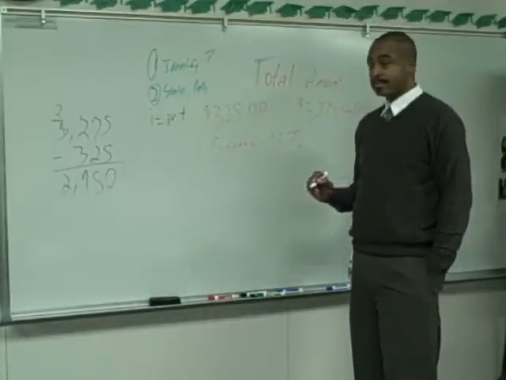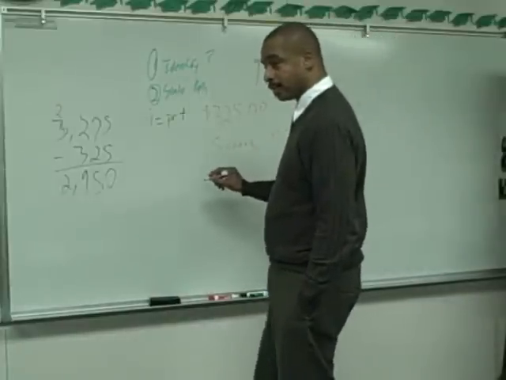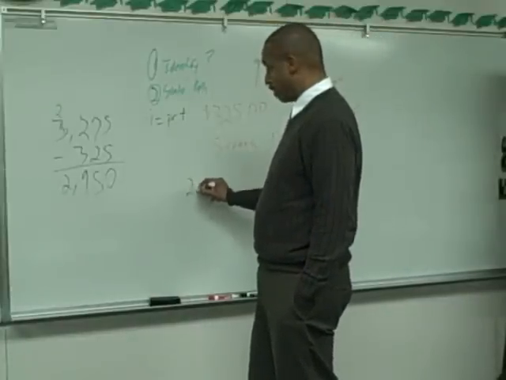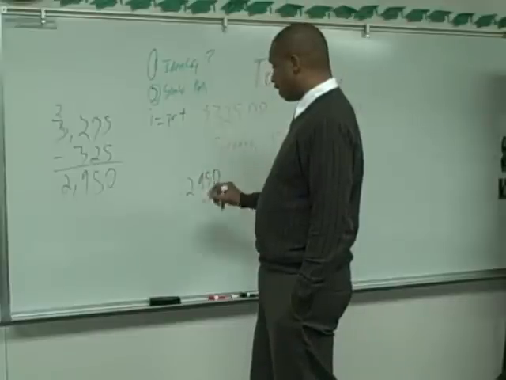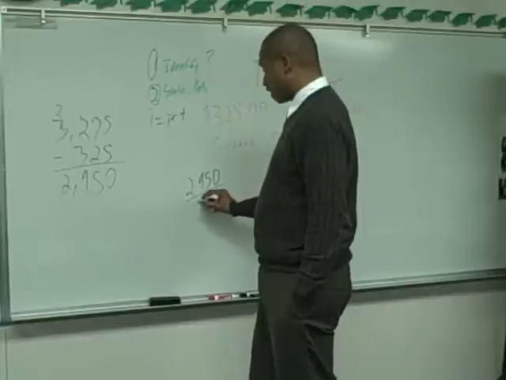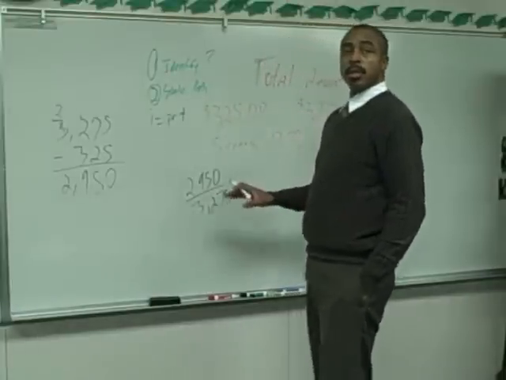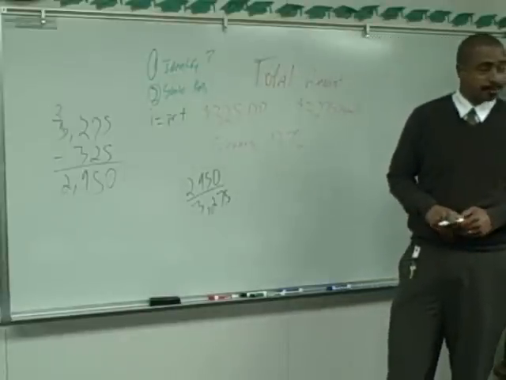Yeah, I think that's what I would have done. What would you do? Divide the 2,950 with the 3,275? And divided by 3,275? Yeah. Okay. And we get, now, let's hold on.